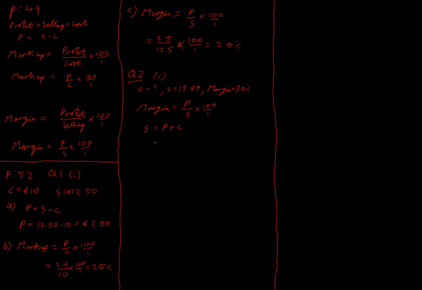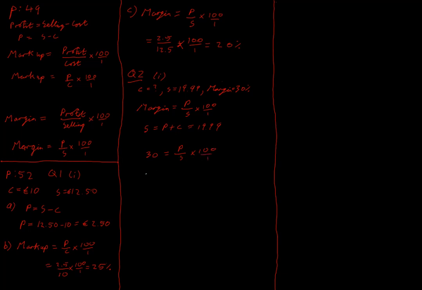So I'm going to write down that my selling price is $19.99, just to remind myself of the fact that I know that already. And now I'm going to rewrite my formula here. So 30% is equal to profit divided by selling multiplied by 100 over 1.